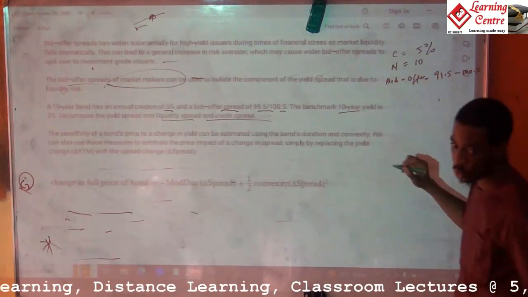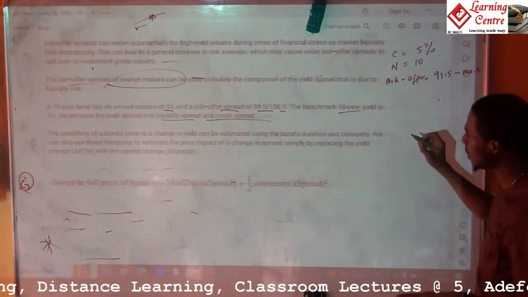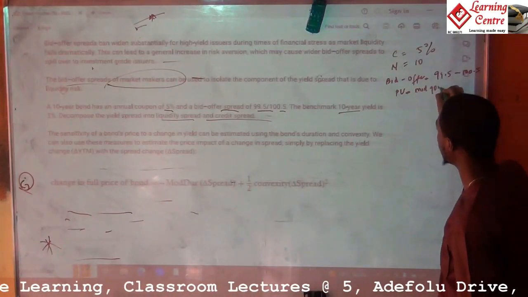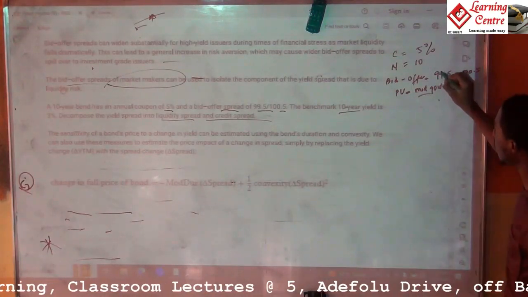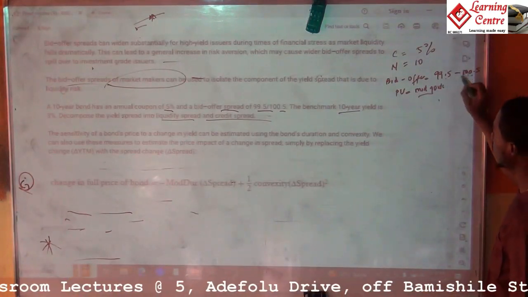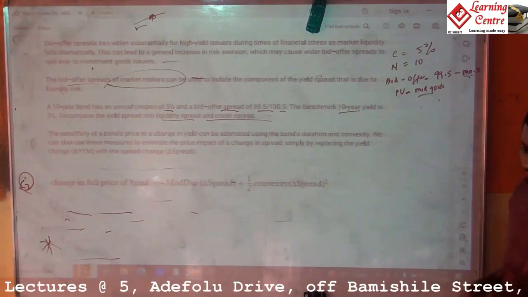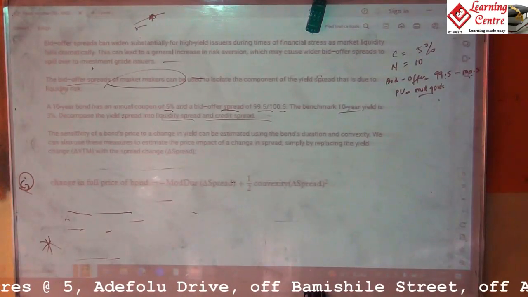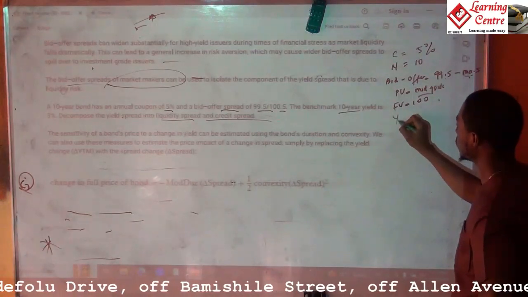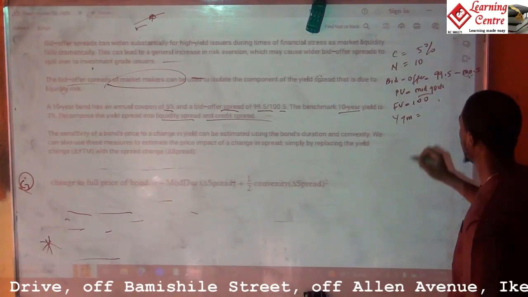Usually PV will be the mid quote, which is the sum of these two over 2. So what's the mid quote? 99.5 plus 100.5 over 2, that's 100.